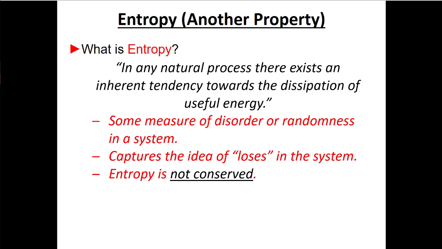Now, entropy, the second law, is a little bit different than the other main equations that we're using. So we have continuity, which is conservation of mass, I'm sorry. So that mass is always conserved.